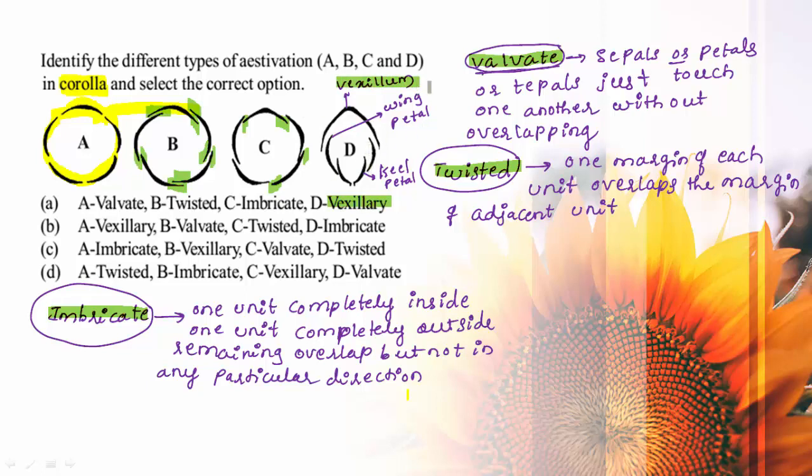Two smaller petals are present, half edge inside and half edge outside, and the two completely smaller petals are inside.